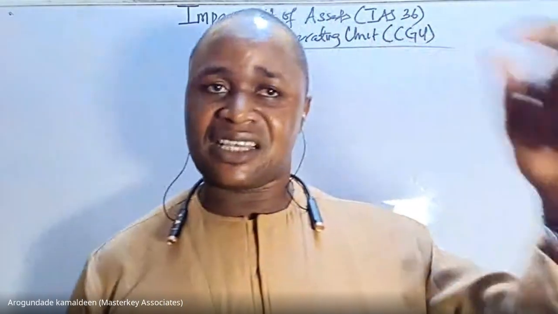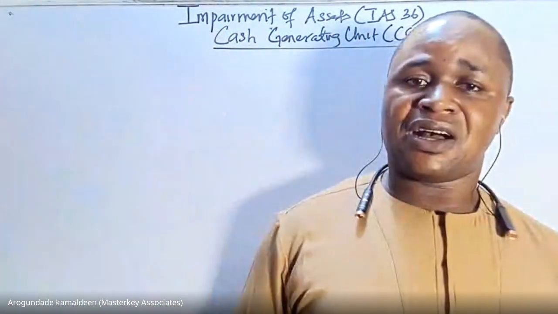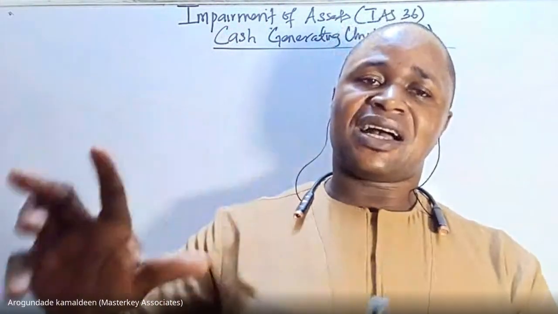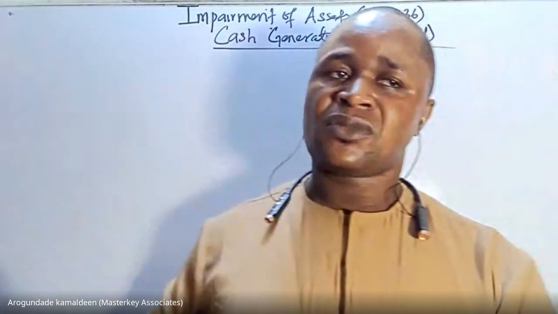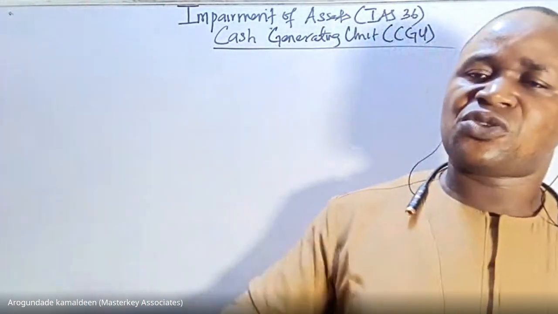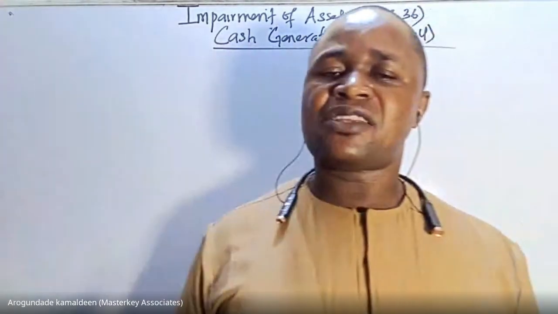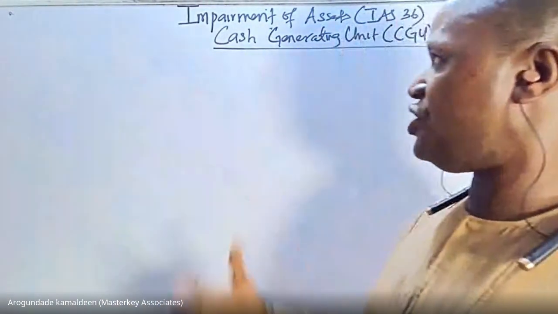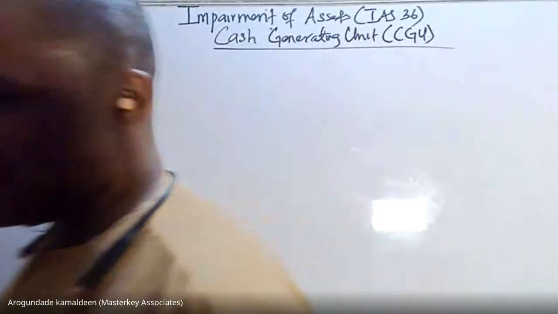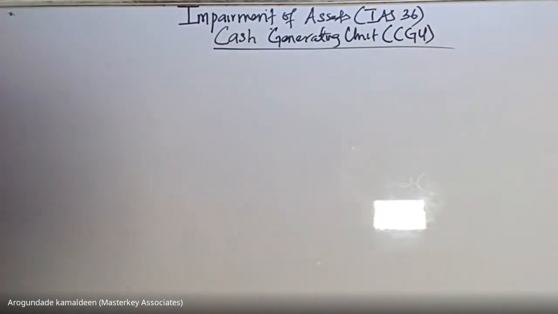From a single asset and what? From the group of assets. So I looked at the impairment of a single asset in the first class. Today we are going to start with the impairment for a group of assets, what we call the CGU, cash generating unit.